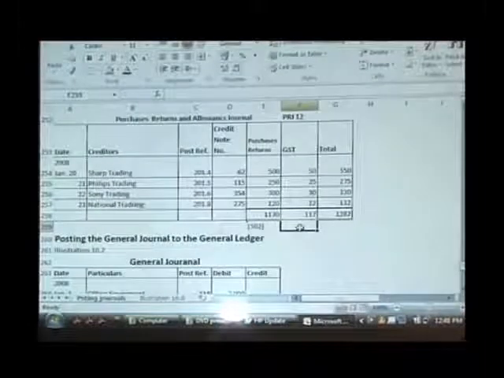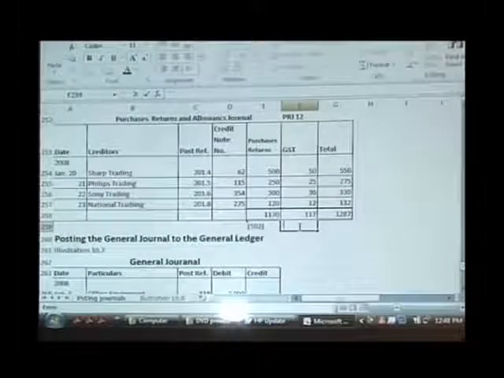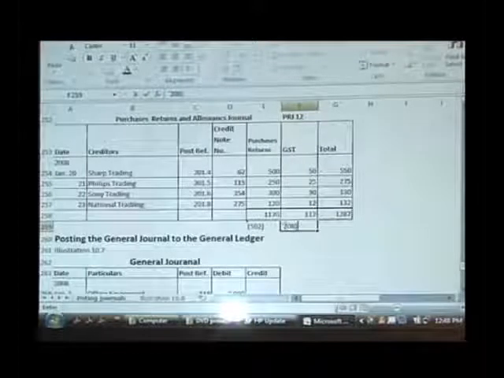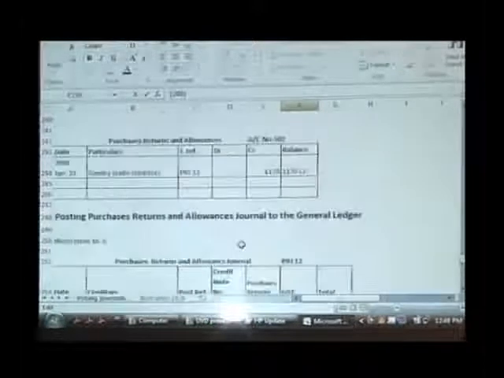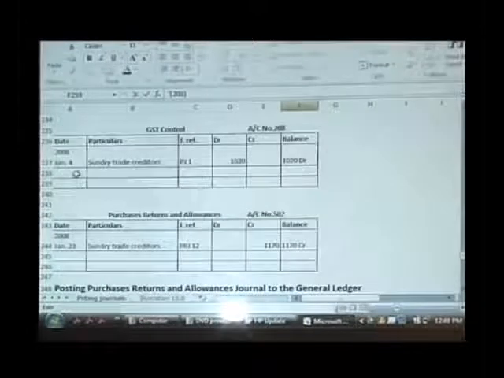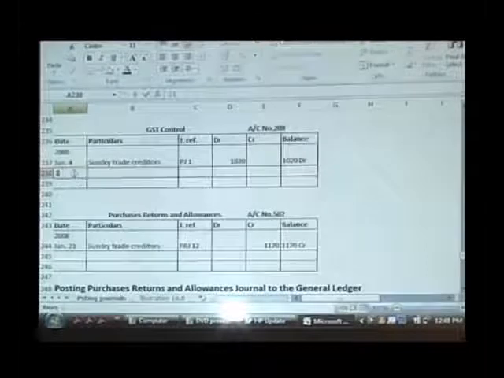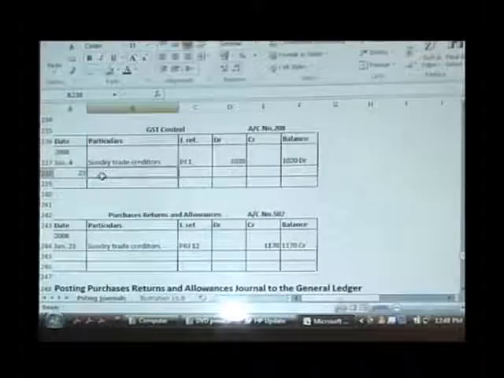GST column total. GST account number 208, 117. Same GST column. GST account here. 23rd.